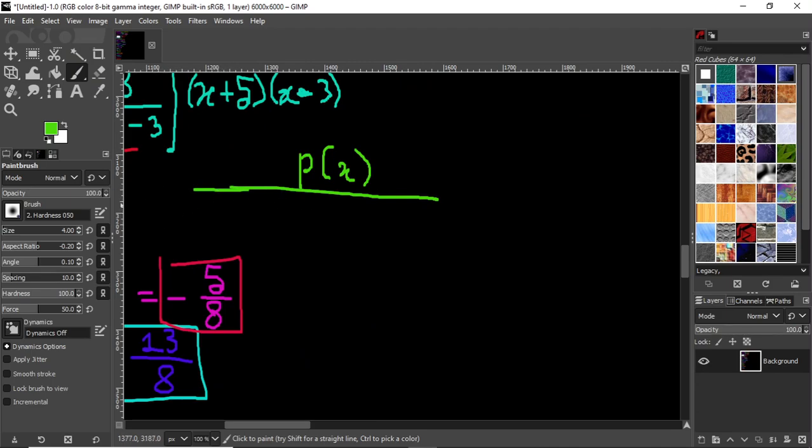In the denominator you have factors like a x to the n plus b, c x to the same n plus d.